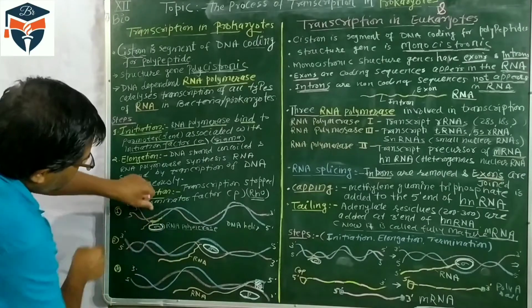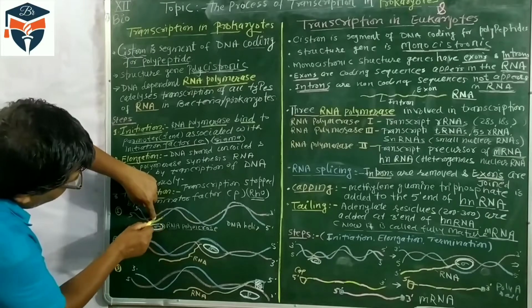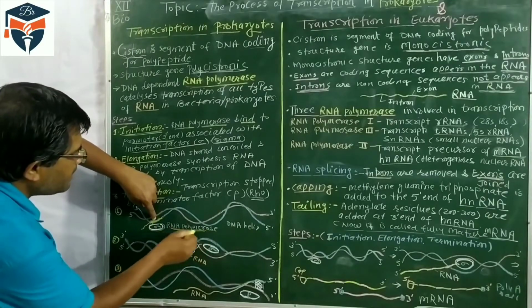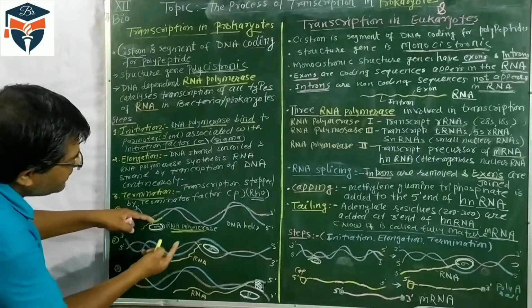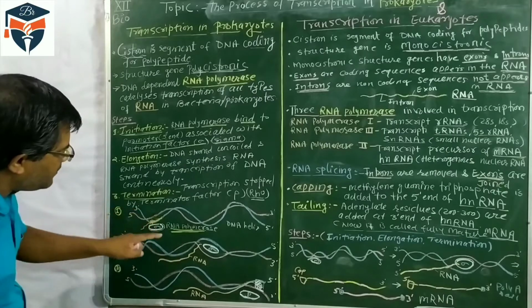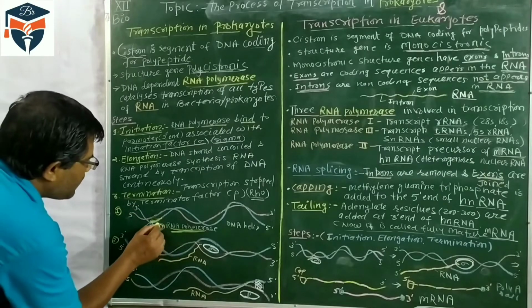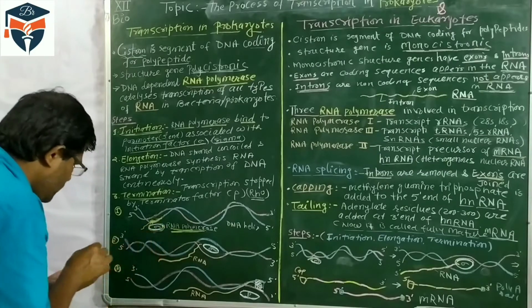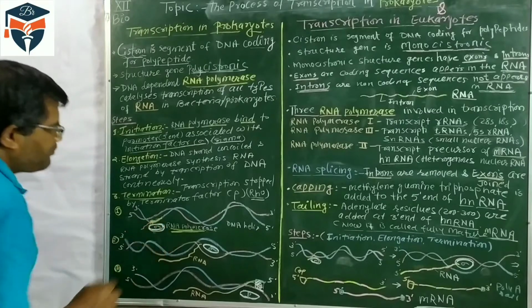This is the site where the promoter is located. In the promoter site, this is the RNA polymerase enzyme, indicated in white color.